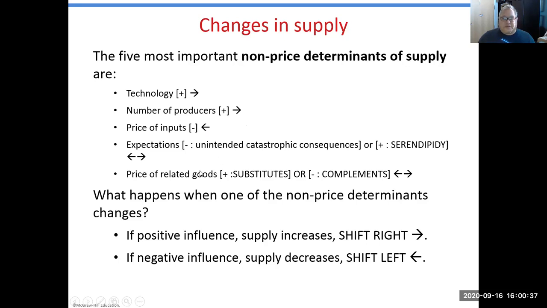And expectations may also play a role in supplying goods and services. For example, going back to the earlier video's example of what happens in a pandemic to supply. You might have seen some stories in the news of what's called price gouging.